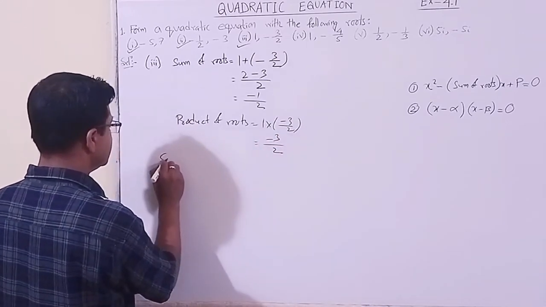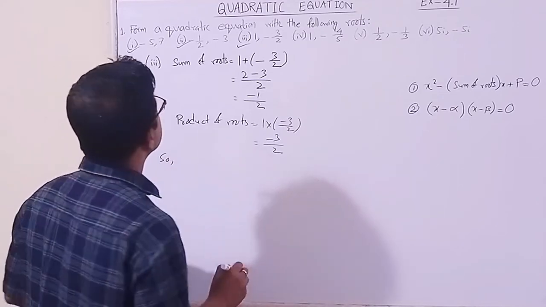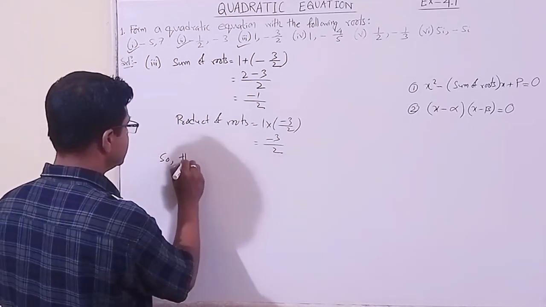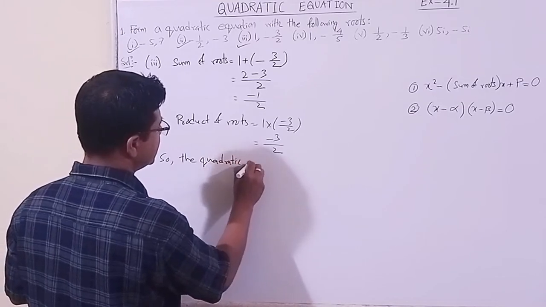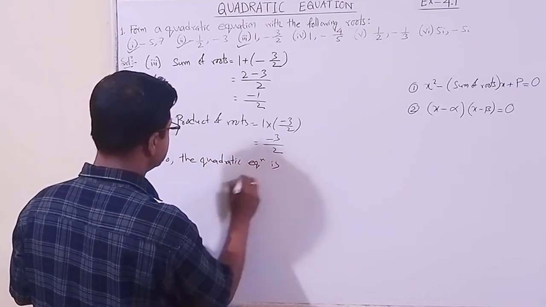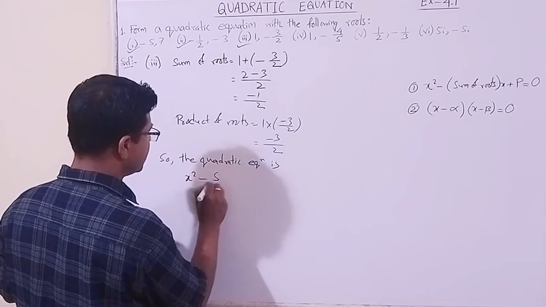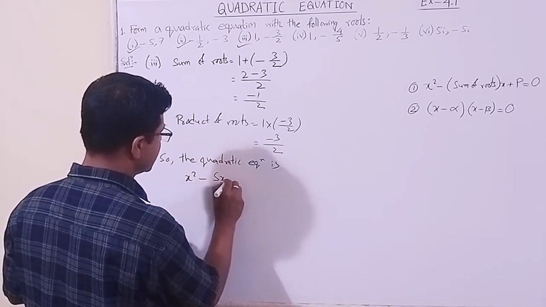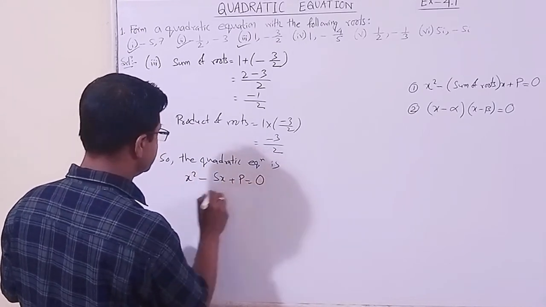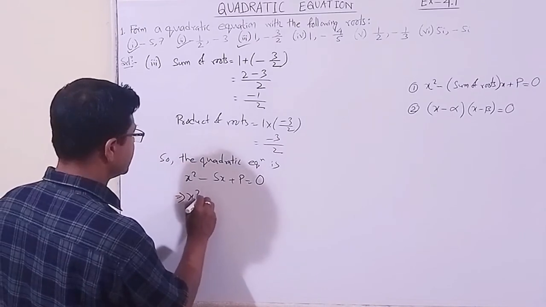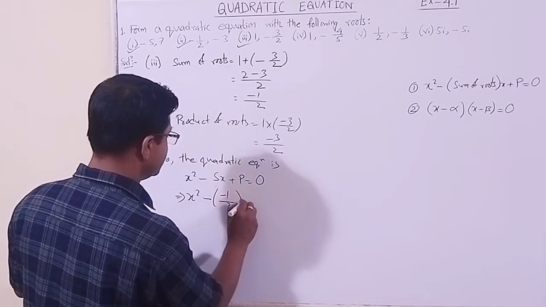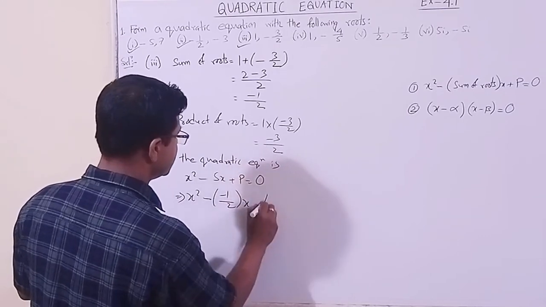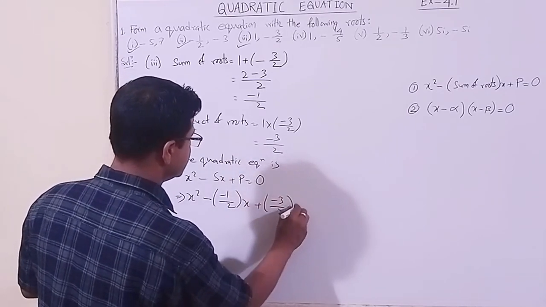So now let us frame the quadratic equation. x square minus sum of the roots into x plus product of the roots is equal to 0. So x square minus -1 by 2 into x plus product of the roots -3 by 2 is equal to 0.